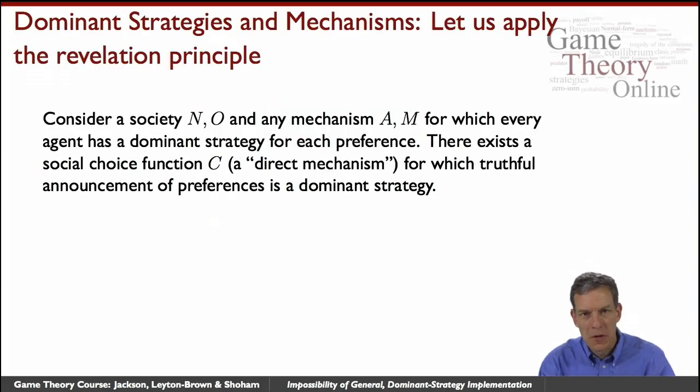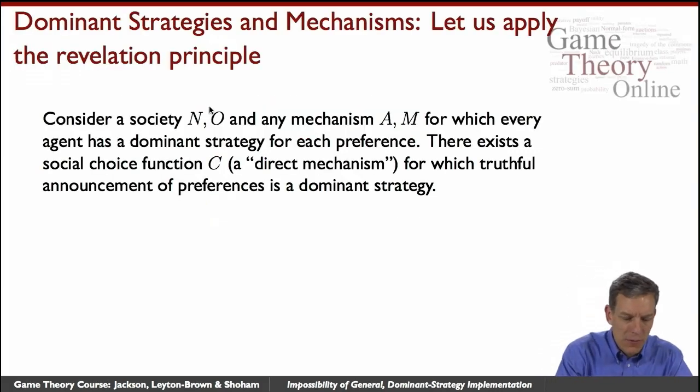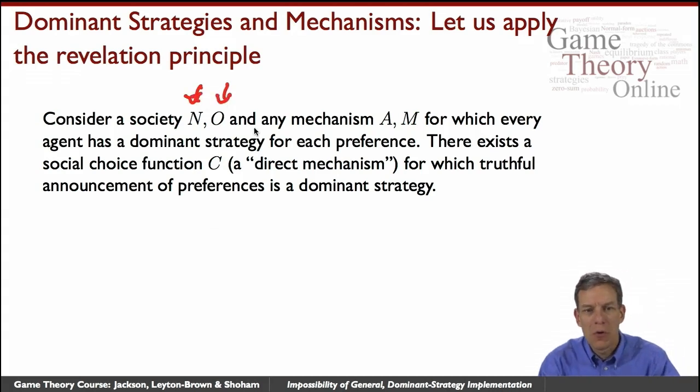And in particular, let's think of our society with n individuals, a finite set of outcomes O, and if we begin to think about designing mechanisms in this world, and we want one where every agent has a dominant strategy for each preference, we can invoke the revelation principle.